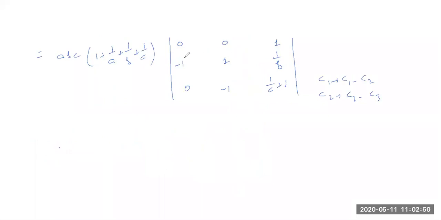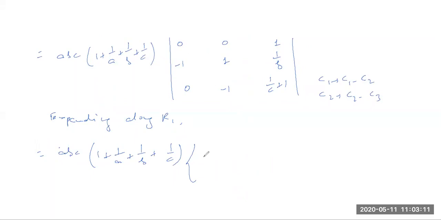Okay, so now we'll expand it along R1. Write here that we are expanding along R1. So outside will be ABC and 1 plus 1 upon A plus 1 upon B plus 1 upon C. On expanding along R1, it will be 0 and again 0, but the last one will be 1 into 1.